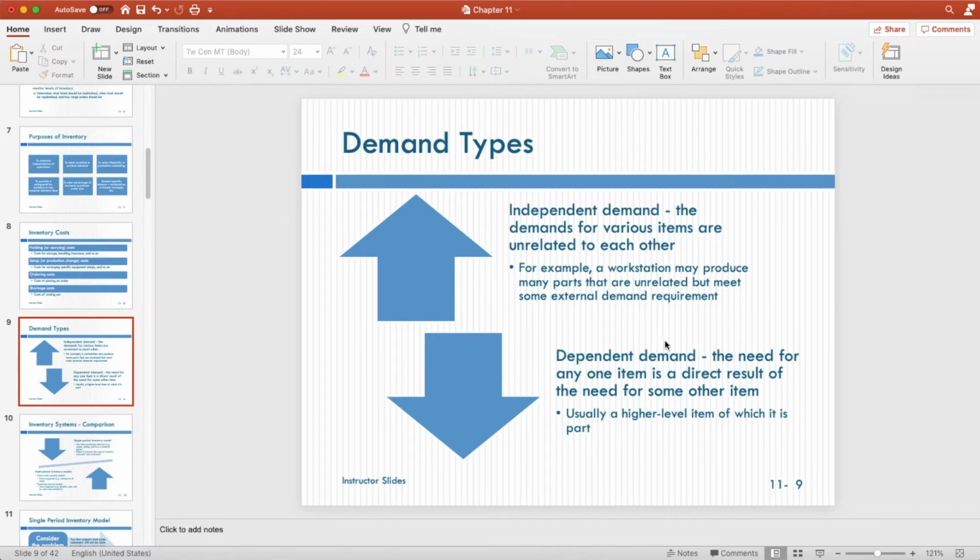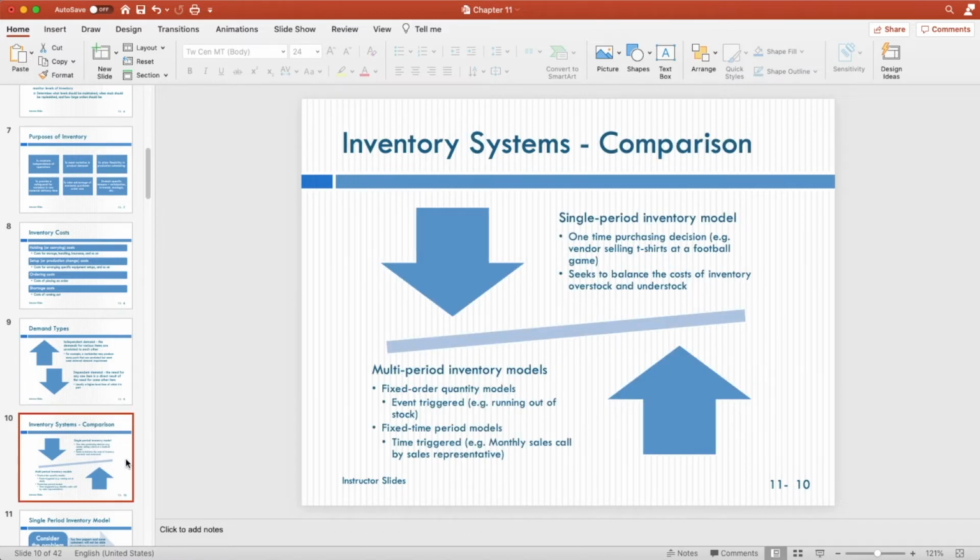That's how we separate the demand for different items' production into independent demand or dependent demand. The key sense here is quite simple. If you have any other question, just let me know.